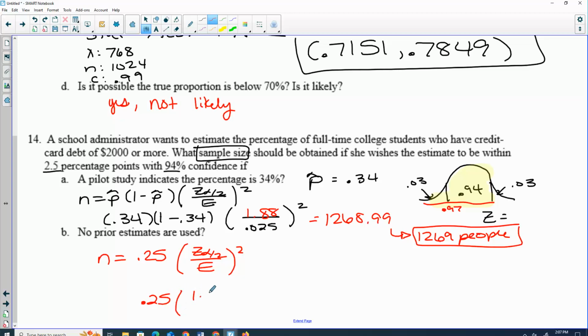Z alpha over 2 is the 1.88, E 0.025 squared. We get 1.76, 1,400.